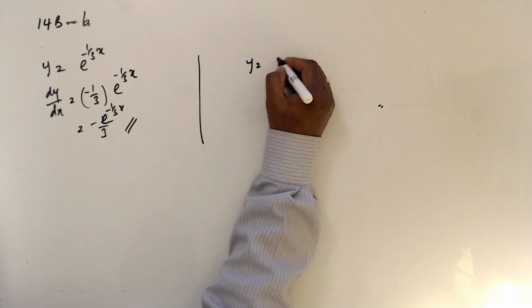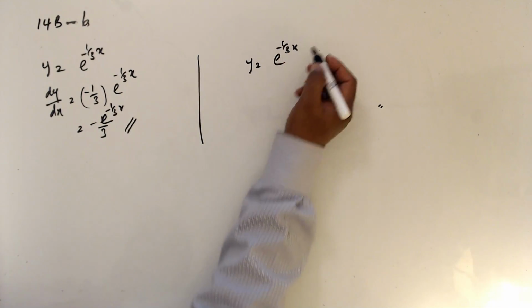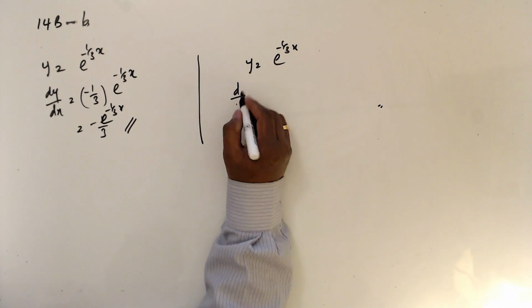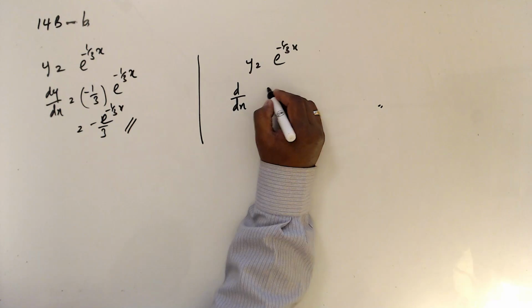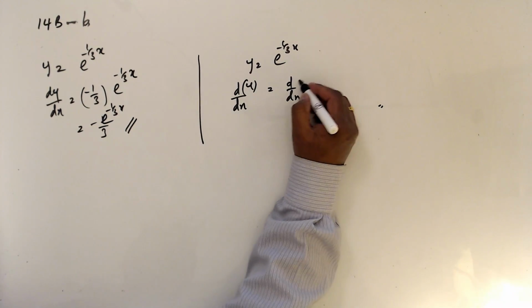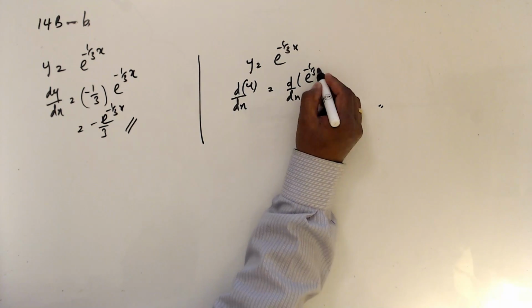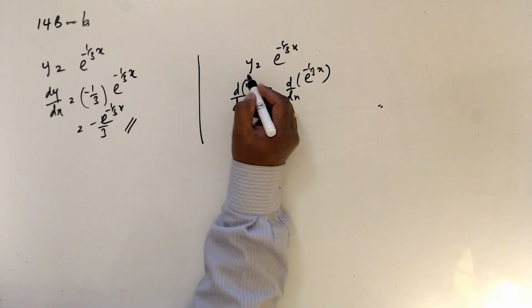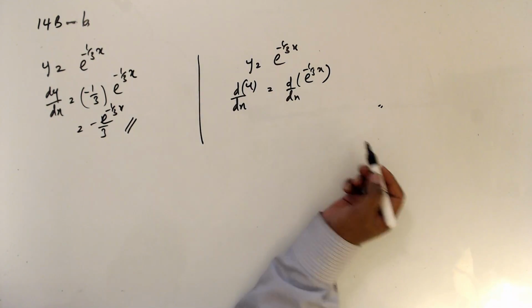So y equals e^(−x/3). I bring the operator d/dx to both sides, and I put y here and e^(−x/3). Basically I put d/dx on both sides.